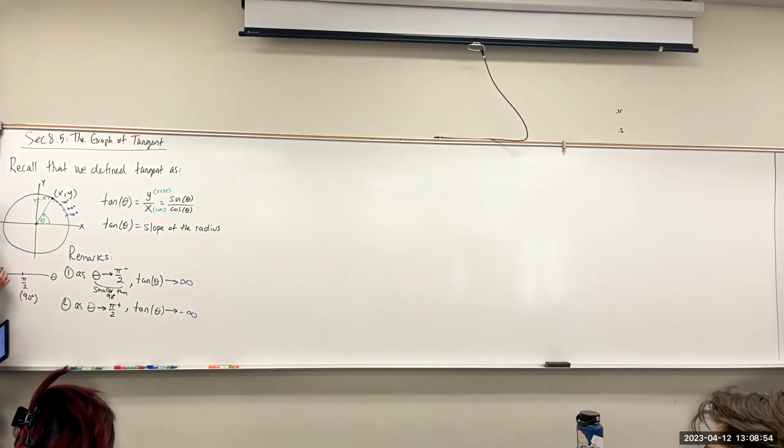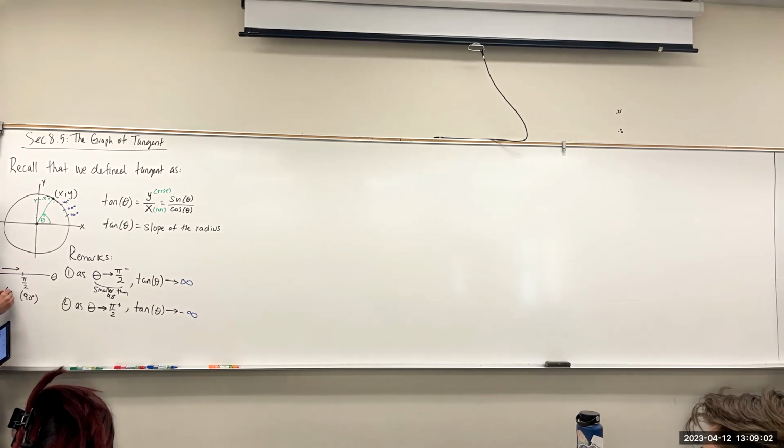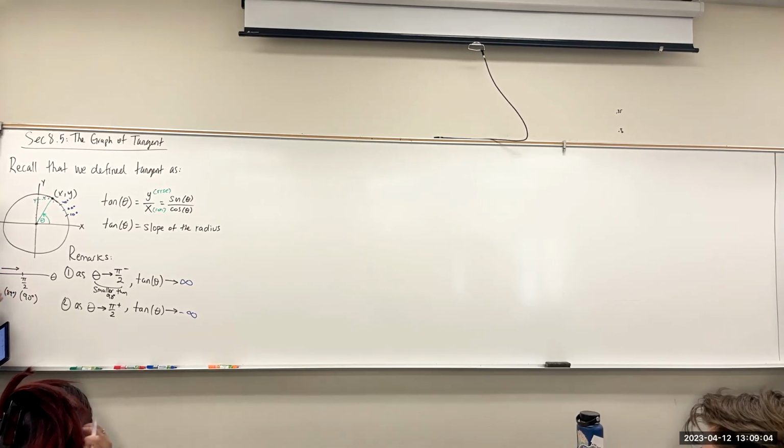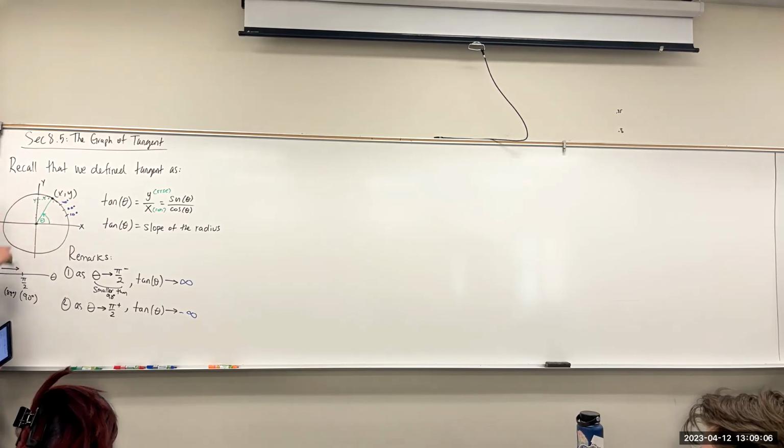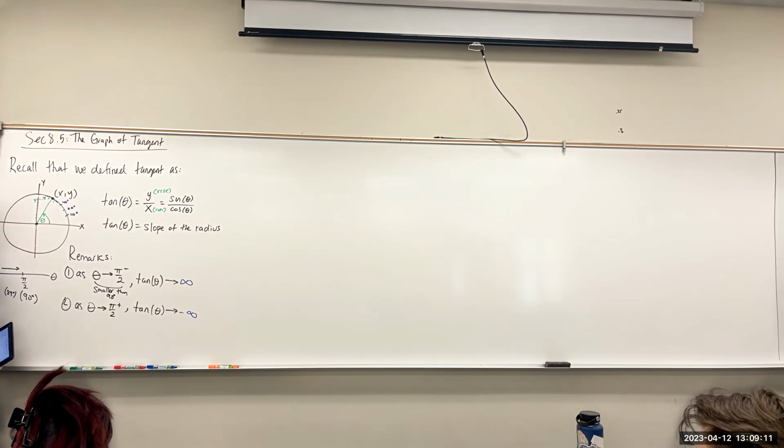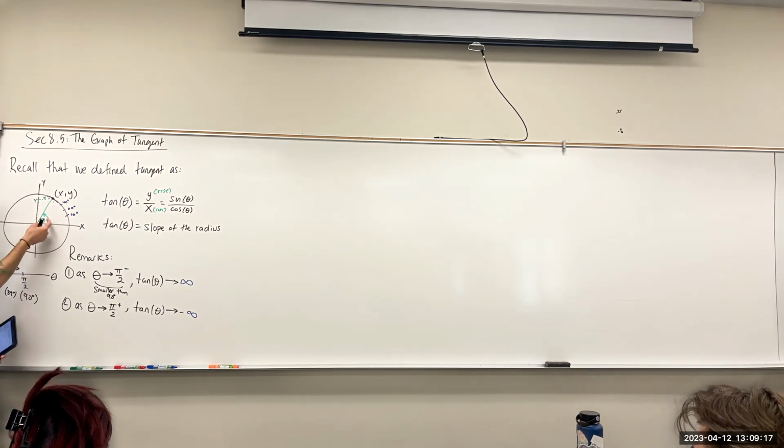So as I approach pi over 2 from the left, these are smaller angles, like 89 degrees, and so on, right? But on the unit circle, the smaller angles are coming from the right side.